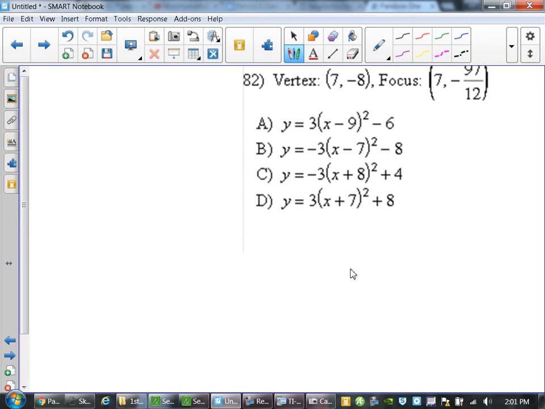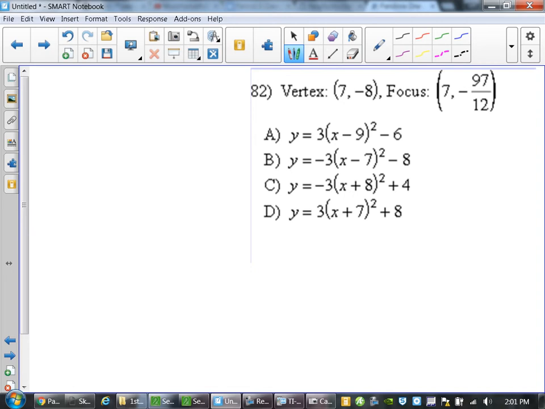So if I'm looking at something like this, and I need to figure out which equation it is, the easiest thing to decipher is what direction it's opening. If you know what direction it's opening, they're telling you that it's an x squared parabola, which means it's either going to open up or open down. So what I do is plot it and then figure it from there.